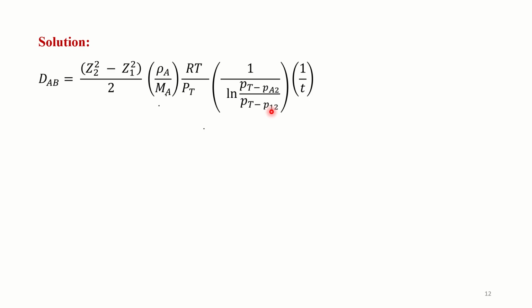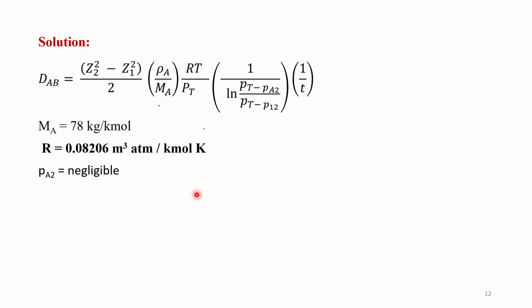That means at the atmosphere, the benzene vapor concentration is very minimum in air, so the partial pressure of benzene vapor can be assumed as negligible. Then T, time of diffusion, is given, and we are going to substitute in terms of seconds. Then substitute all the data in the formula and you will be getting the diffusivity of benzene vapor in air.